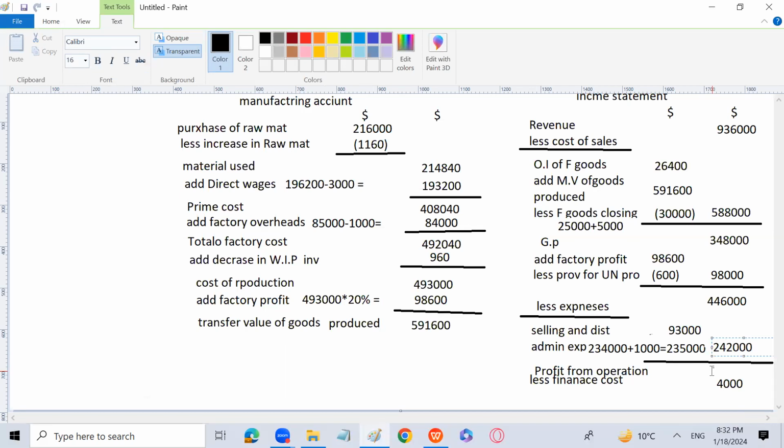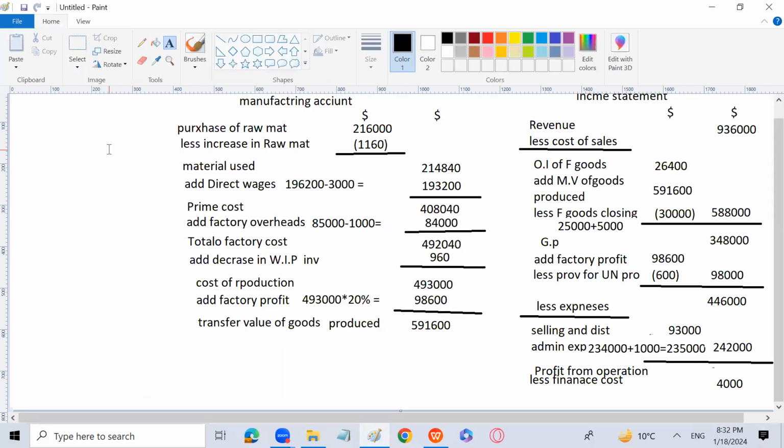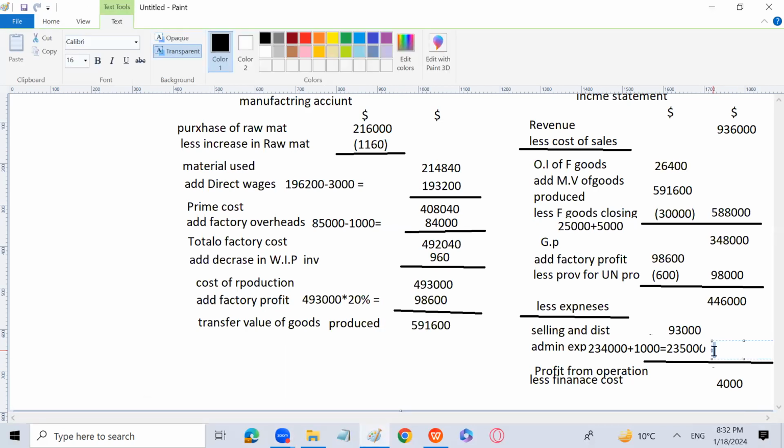So 446,000 minus 242,000 is going to be 342,000. Sorry, 342,000 was the total; the answer is going to be 1,04,000, right?